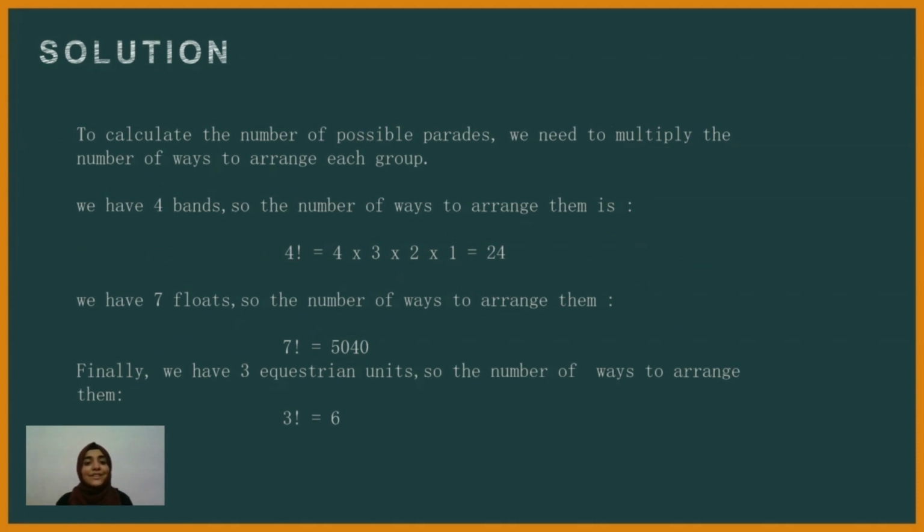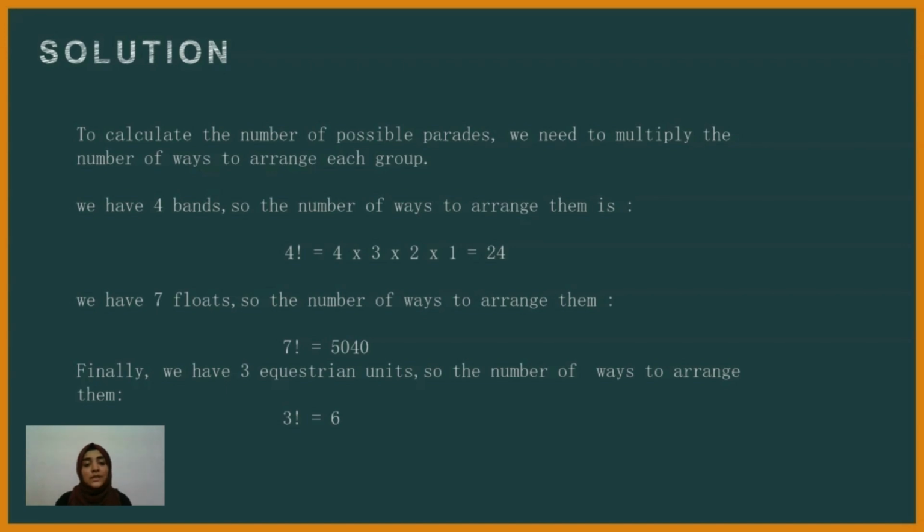So, to calculate the number of possible parades, we need to multiply the number of ways to arrange each group. We have four bands, so the number of ways to arrange them is 4 factorial, which is equal to 24. We have seven floats, so the number of ways to arrange them is 7 factorial, which is equal to 5040.